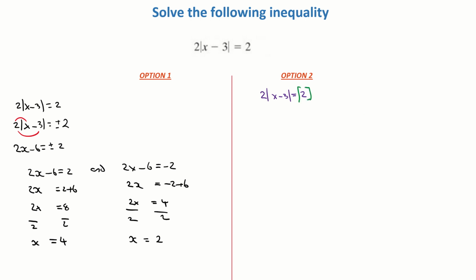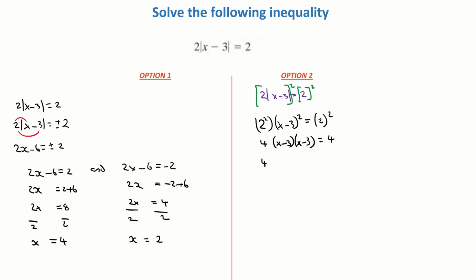So I'm going to square the right and I'm going to square the left. Just be careful here squaring the left. I have to square the 2 and I also have to square the x minus 3 separately. So I'm going to have 2 squared times (x minus 3) squared equals my 2 squared. 2 by 2 is 4, (x minus 3) by (x minus 3), I'll do that out now in a second, and 2 by 2 is 4.